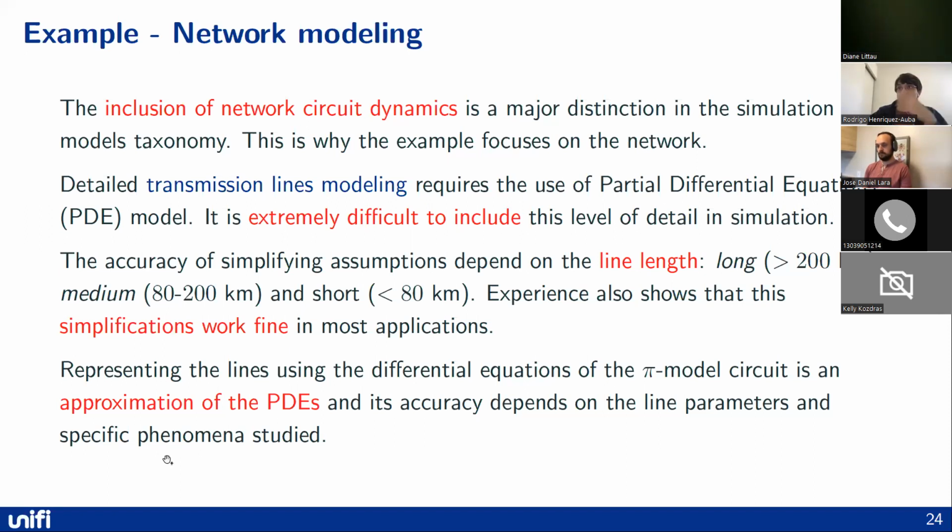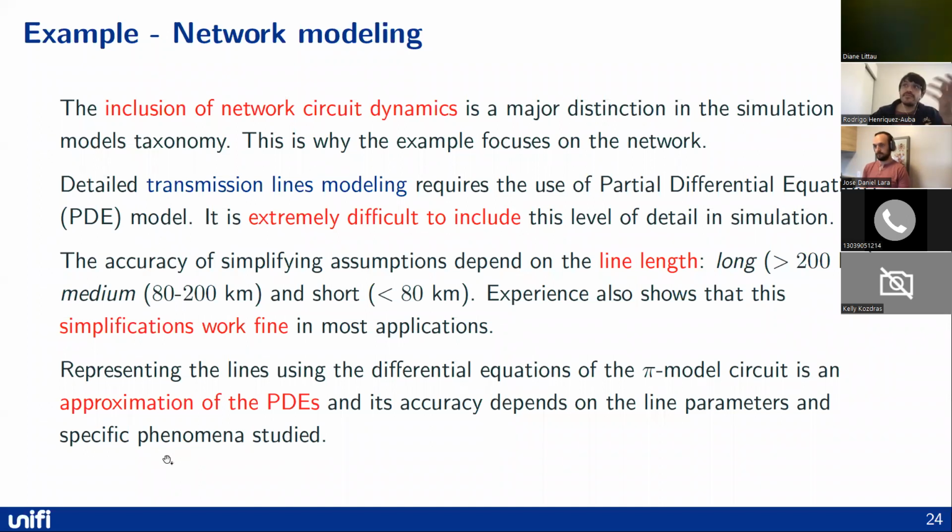Another approach is assuming a lossless line, which results in a two-port system that has a time delay. The inclusion of a lumped resistance in this model results in the famous Bergeron model that is commonly used in waveform simulation.